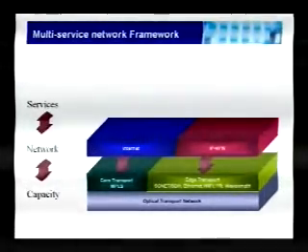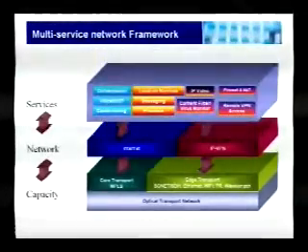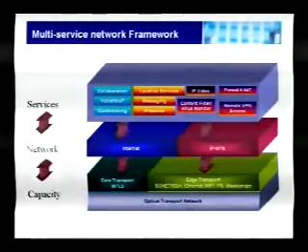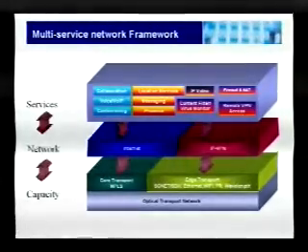Then you could have your two different modes of service, your internet and your IPVPN, and then you layer your services on top of that so that each of your different services that you create has the ability to be delivered over either your internet service or your IPVPN service.